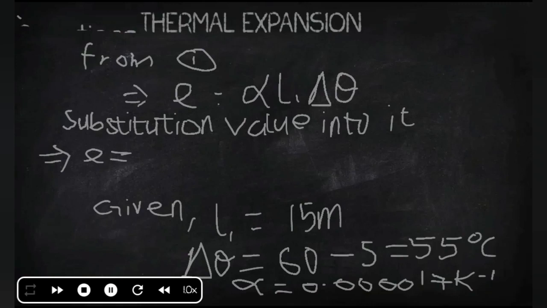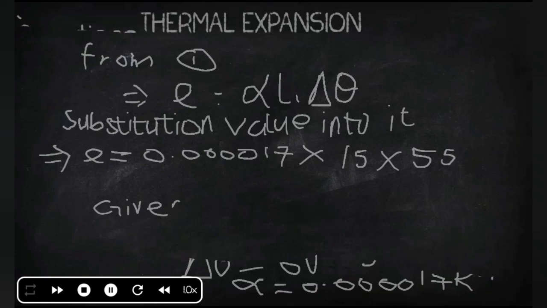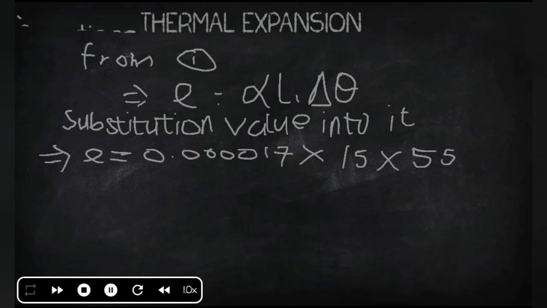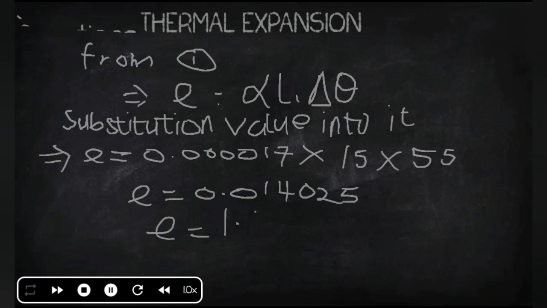E is equal to 0.00017 times 5 times 55. Calculating, E is equal to 0.014025, or 1.4025 times 10 raised to the power of minus 2 meters. You have to include the meters, because in physics we need the units.